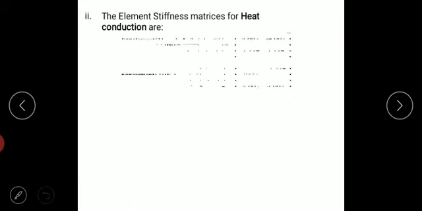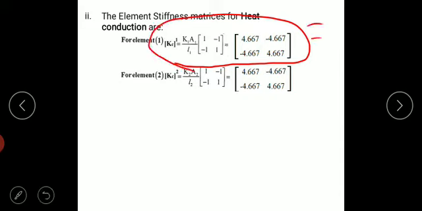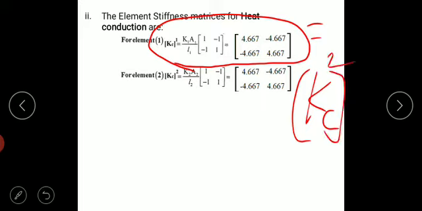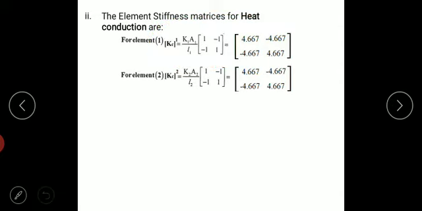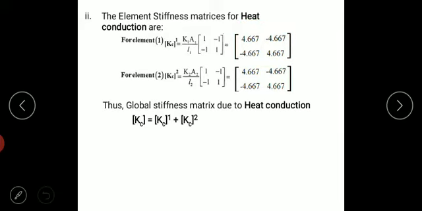The first step is conduction. So the heat stiffness matrix for the heat conduction, Kc1 is equal to K1 A1 by L1. In this case, the Kc1 value is equal to the Kc2 value, because I have taken half. So the stiffness matrices of the first and second elements both remain the same. Next, the global stiffness matrix.